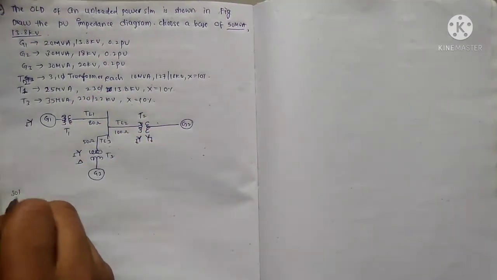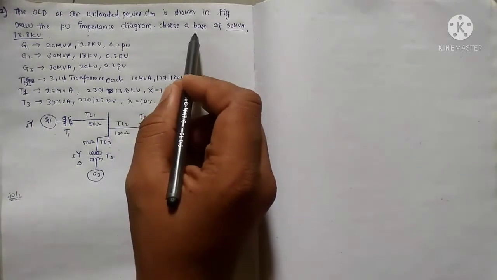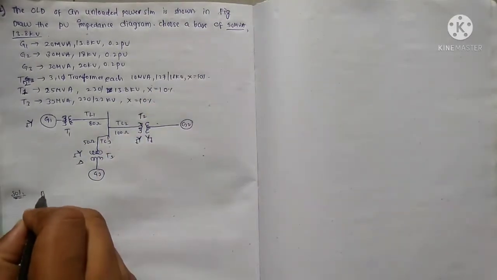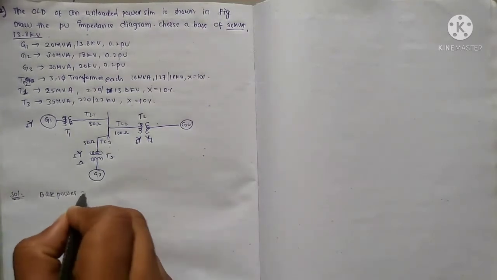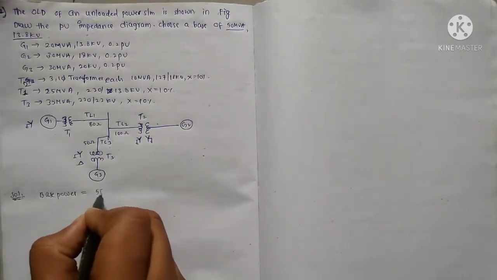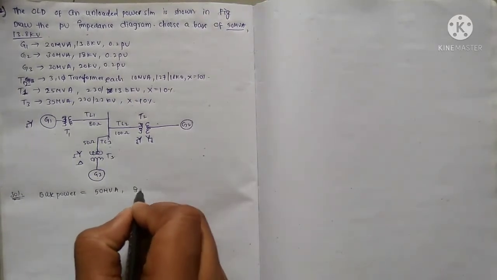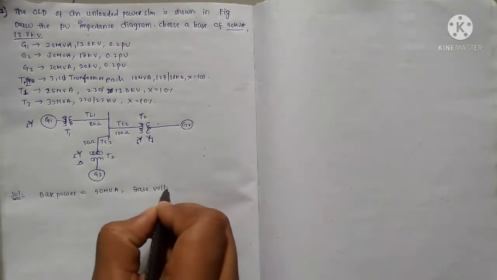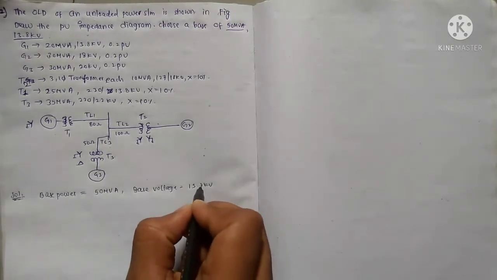Getting into the solution. Our initial step is we need to check whether the base values are given or not. Base values have been given, just take them. Base power is given as 50 MVA. This remains the same for every component, and base voltage is given as 13.8 kilovolt.